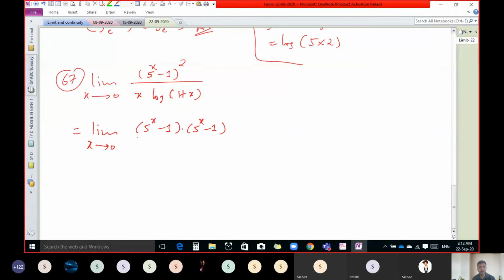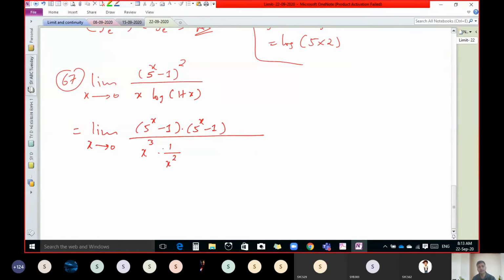Okay. Now, in the denominator, see, this x, instead of that, if I write x cube, then I have to divide by x square.